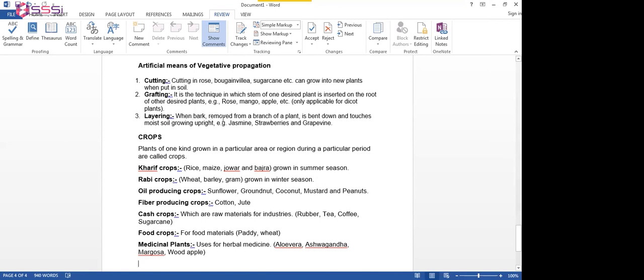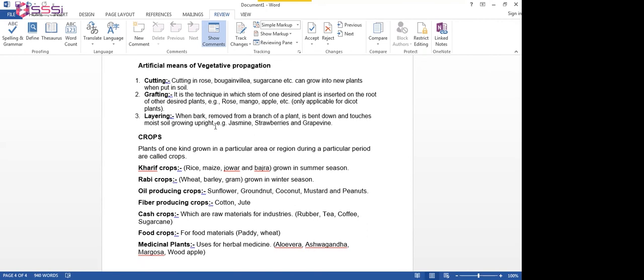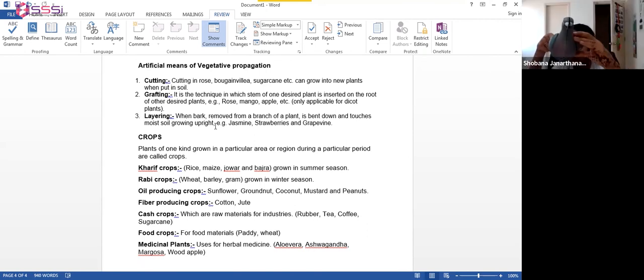When bark removed from the branch of a plant is bent down and touches moist soil, it grows upwards. So layering means when a plant is there, and in the branches, if there's a trunk, there'll be bark on top.